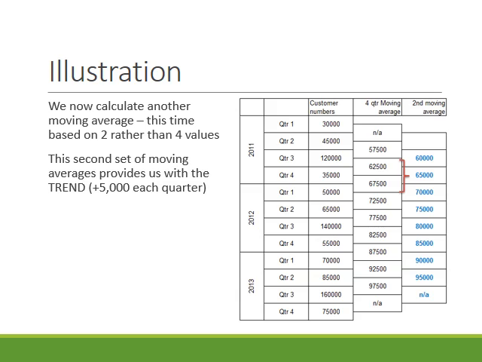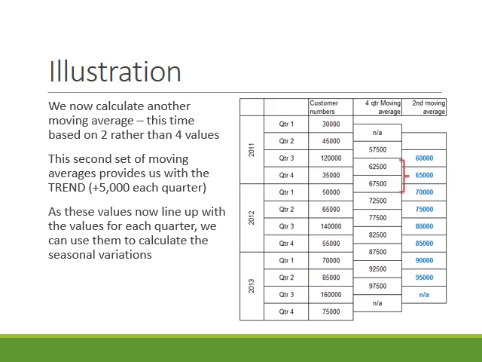Now looking at this data, I can establish that the moving average is increasing at £5,000 each quarter, and we can now look at what the seasonal variations are going to be. So the seasonal variations are going to be calculated by looking at the actual customer numbers, and then deducting that second column of moving averages from the corresponding quarter.